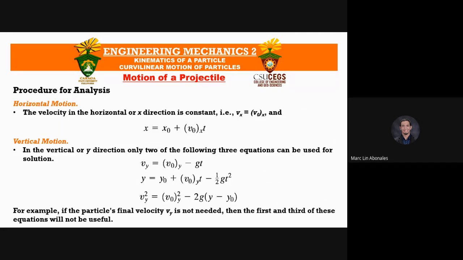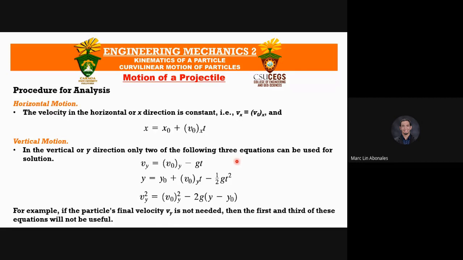So just a recap, these are the equations for the horizontal, especially that the x component of its velocity is always constant. And for the vertical motion, we have actually three, but we can use only the first two equations since the third equation can be derived when we combine the first two equations, eliminating the variable t.